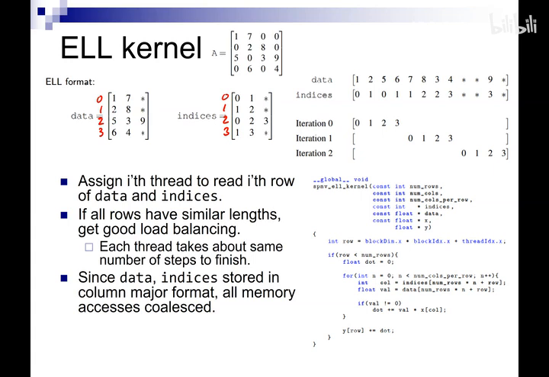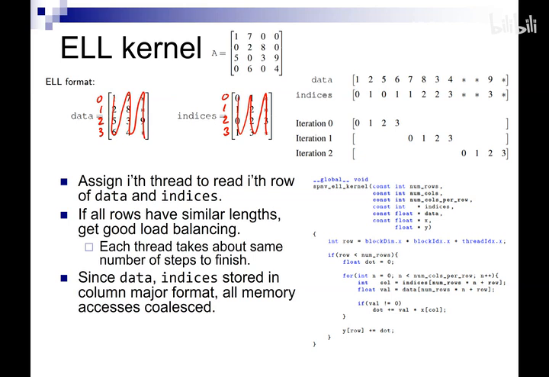However, for the ELL format, we're going to store the two matrices in column major format. Column major format just means that we're going to store them in this order. And same for indices. So for example, the data matrix is actually being stored in column major order, like that.